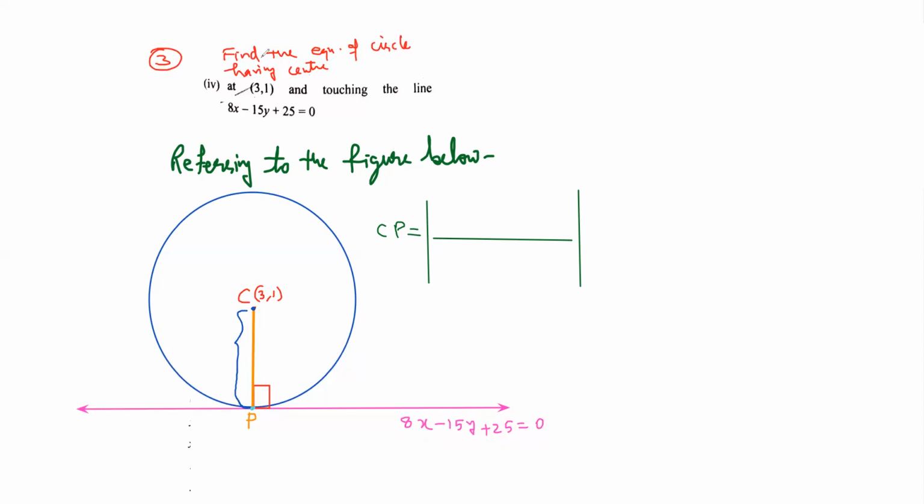The idea is very simple. You should have the equation of the line and you should know the coordinates of the point. If you know both, you can get the distance between the two. How? You will write mod of, and in the numerator, you will write 8, don't write x, write 3, minus 15, don't write y, write 1, plus 25.